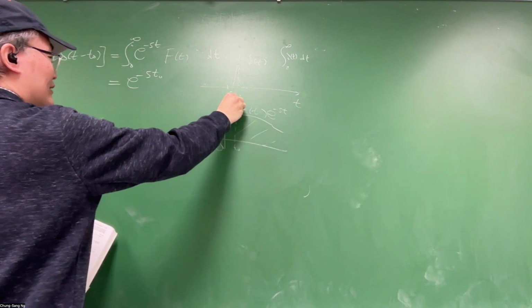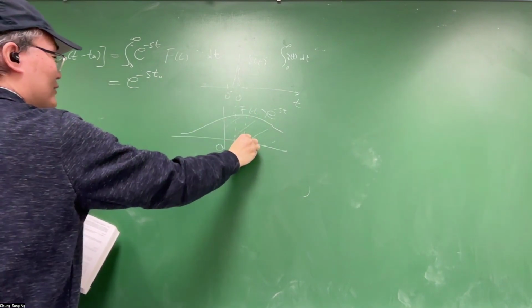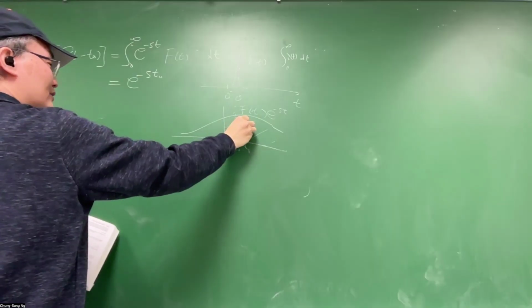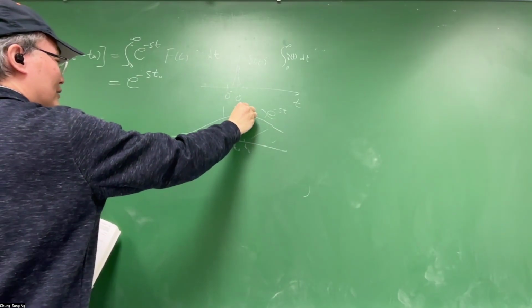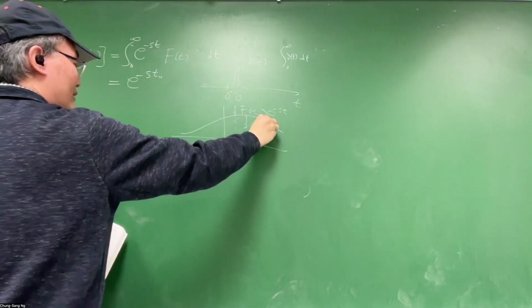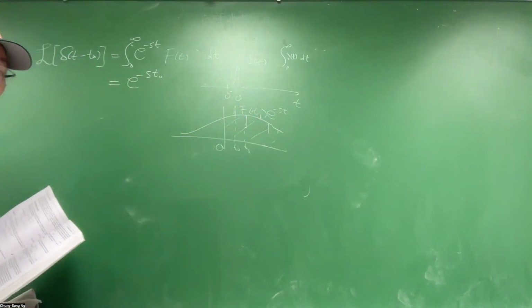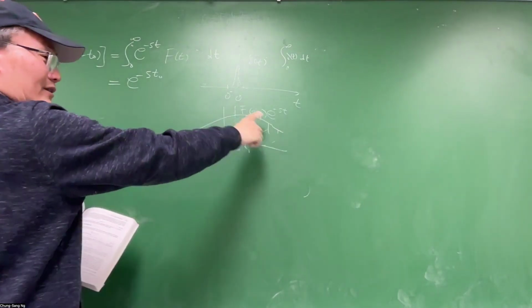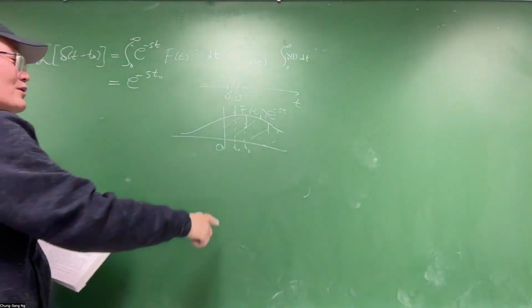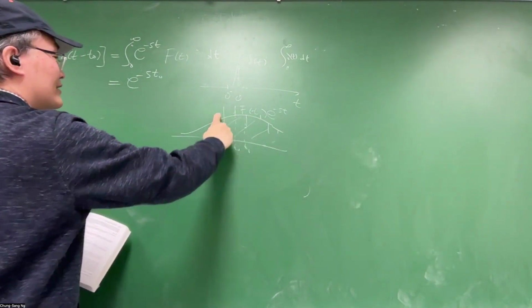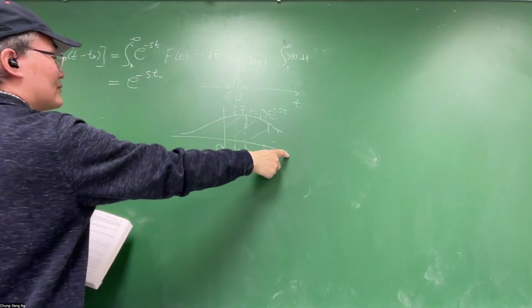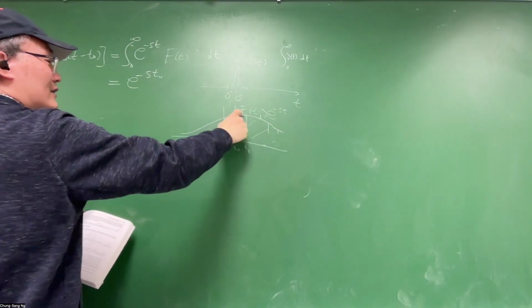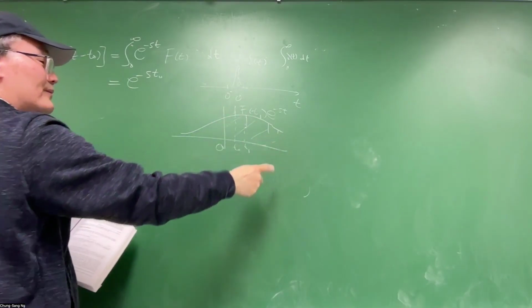and at another location define it as a different value, basically your function has this isolated jumping around, and that doesn't affect the area, right? So the area, which is the Laplace transform, will not fix the function.